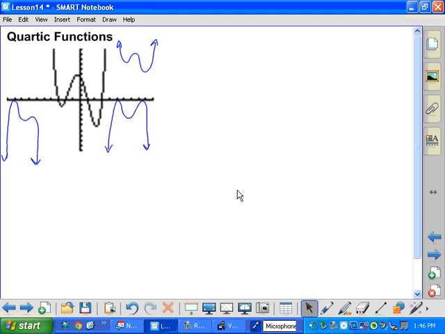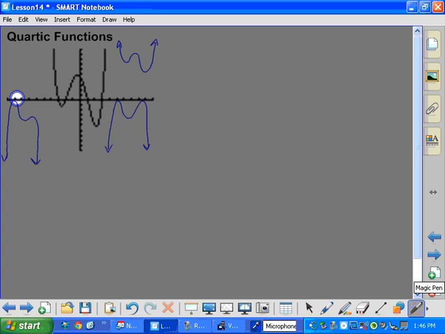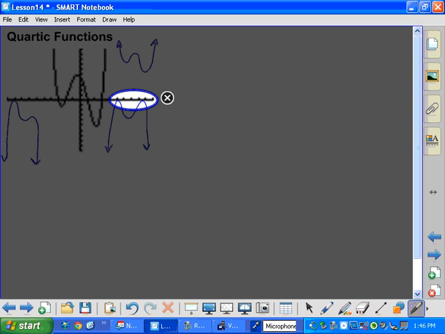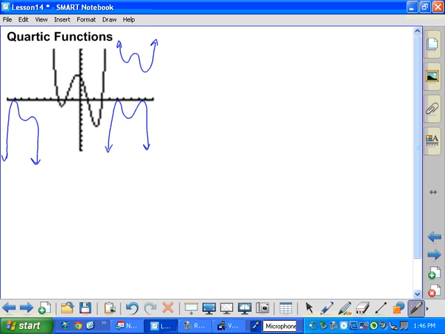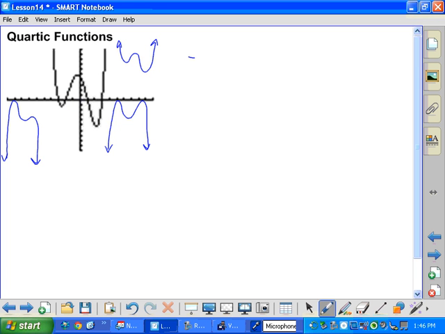So now we have a whole bunch of options here. We have no x-intercepts. We have one x-intercept. We have two x-intercepts. I don't have the 3 drawn. And here we have 4 x-intercepts. So a quartic can have 0 to 4 x-intercepts.